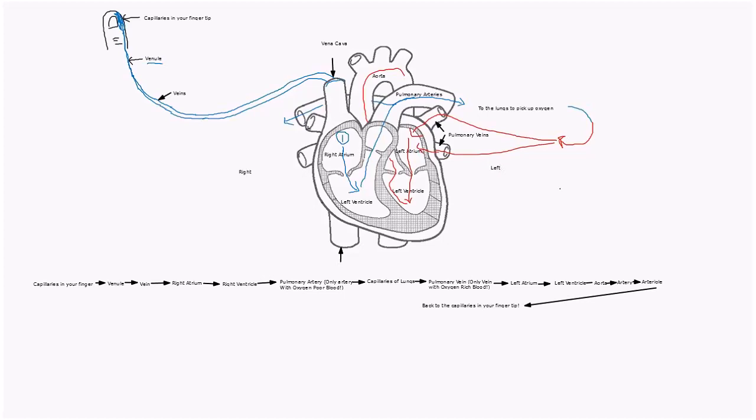So that will continue the loop. So we are leaving the aorta now in some kind of bigger blood vessels. So these bigger blood vessels are called arteries. So let's label that.